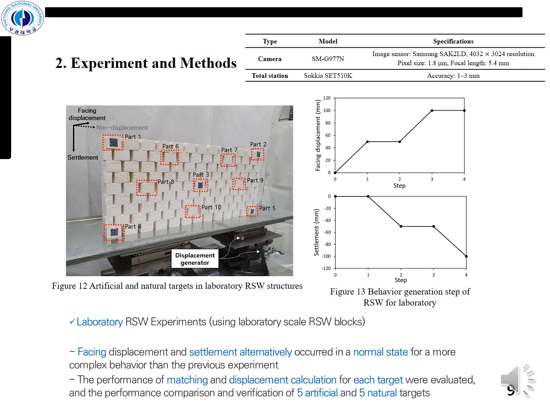Spacing displacement and settlement alternately occurred in a normal state for more complex behavior than previous research. The performance of matching and displacement calculation for each target was evaluated, and the performance was compared to validate 5 artificial targets and 5 natural targets.